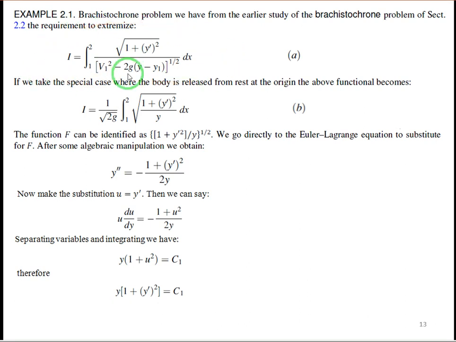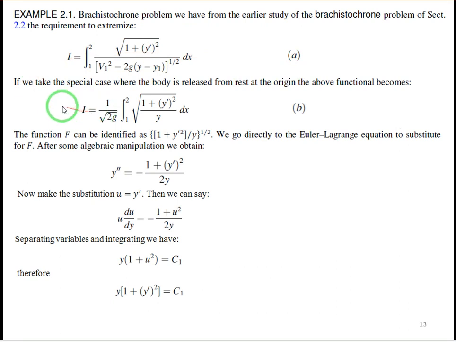For the special case, if I set the initial velocity to 0, or in other words, I release the object from rest, I can say v1 is equal to 0, and I can set the origin at any arbitrary point. I set the origin at the first point, so I can say x1 and y1 are equal to 0. If I do so, I will simplify equation A to equation B.